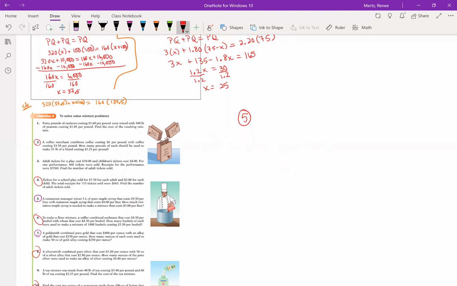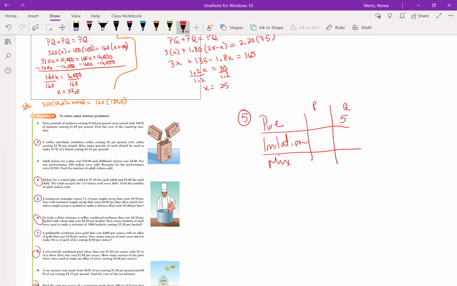Number 5, it says a restaurant mixes 5 liters of pure maple syrup. So we have pure with imitation, and it makes our mix. I'm looking in the word column for any prices and any quantities. So 5 liters of pure is a quantity.